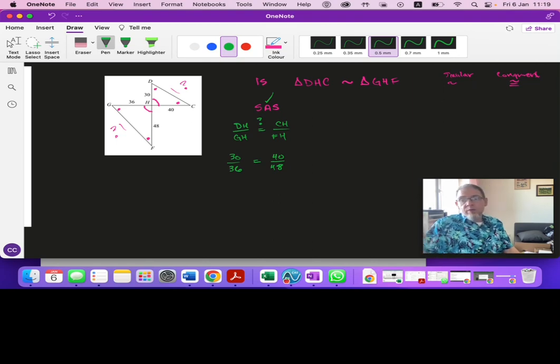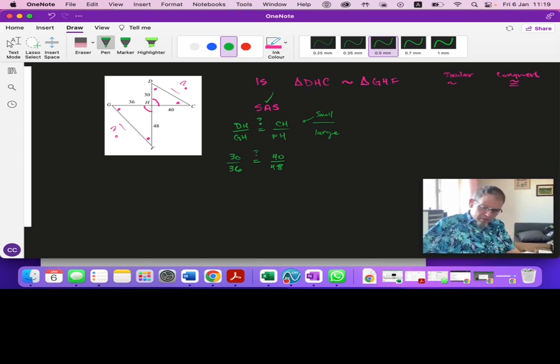Okay, notice when I set this up, my small triangle is on the top and my large is on the bottom. You could set that up however you want, large on top of small or small on top of large, it doesn't matter, just so long as it's the same on both sides of that equal sign. Now, again, I'm testing this.